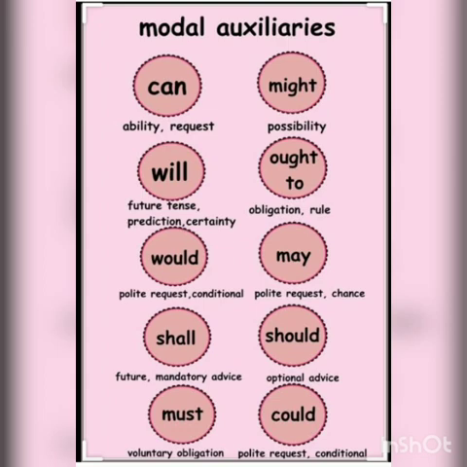Yes, my dear, there are many kinds of modal auxiliaries like can, might, will, ought to, would, may, shall, should, must, could. These are a few auxiliaries, and there are many more auxiliaries also. But we will not study all these auxiliaries today.